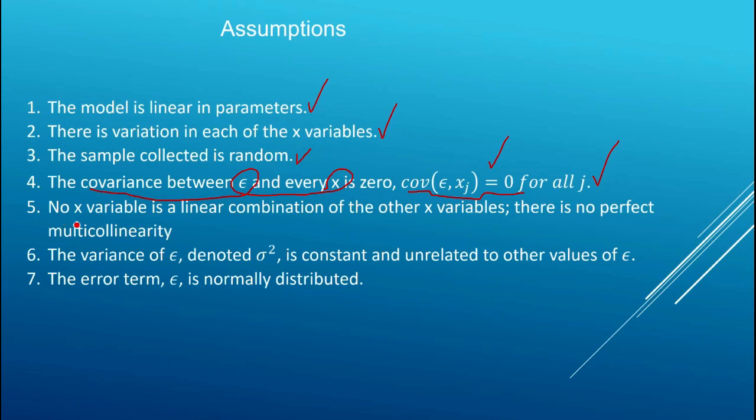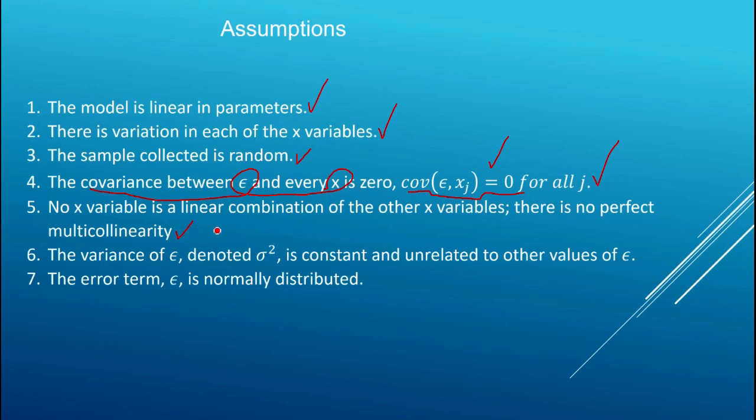Also, assumption 5 is that no x variable is a linear combination of other x variables. So if one x variable can be expressed as a combination of other x variables in the data matrix, then you're not going to be able to complete least squares regression. If they're perfectly collinear, actually the entire estimation routine will fall apart.